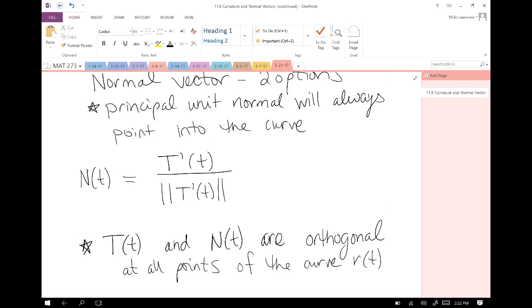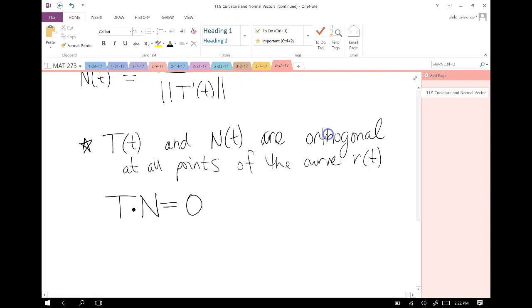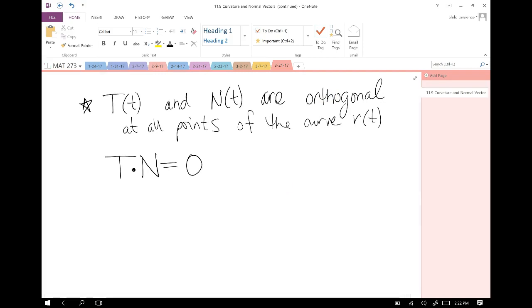And we said that the principal unit normal vector always points into the curve. So we're going to need the T and the N to help us break apart our acceleration, because acceleration usually is going to be a vector that points somewhere in between them.